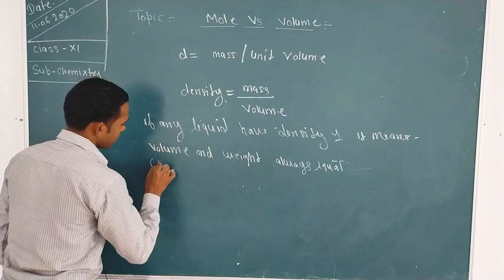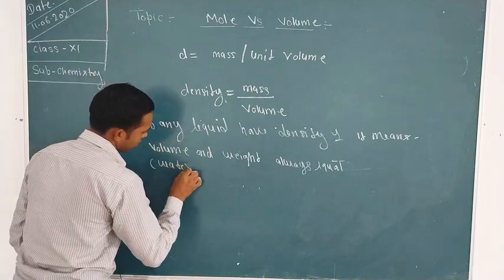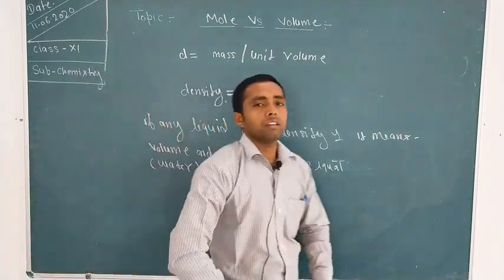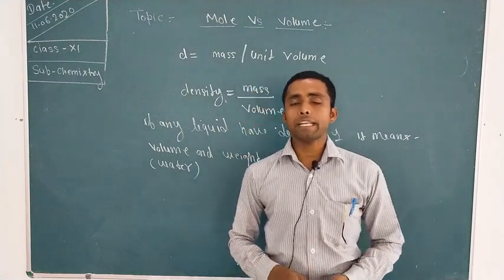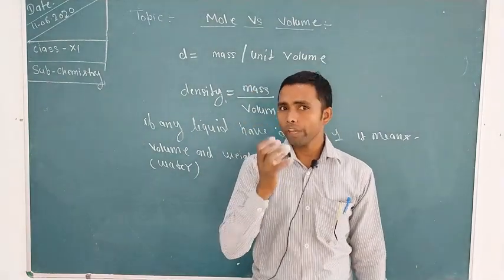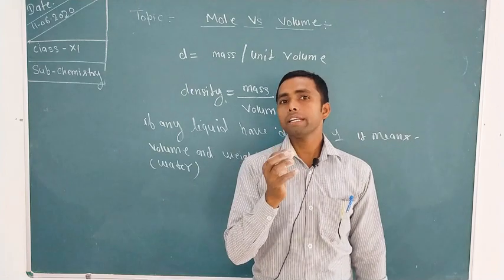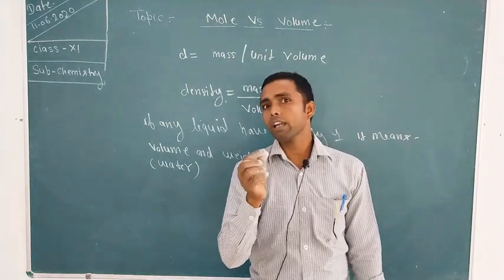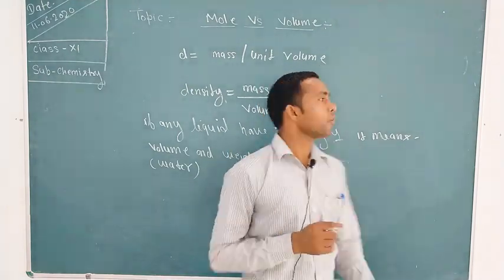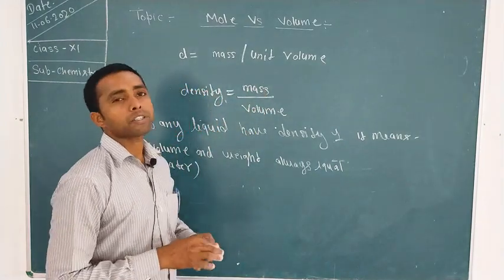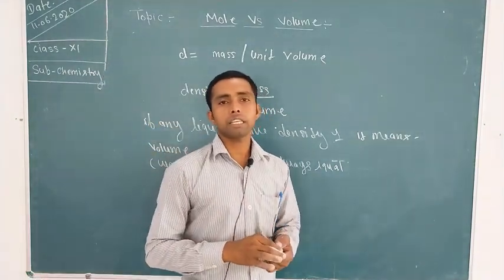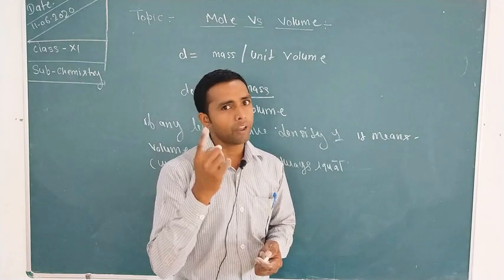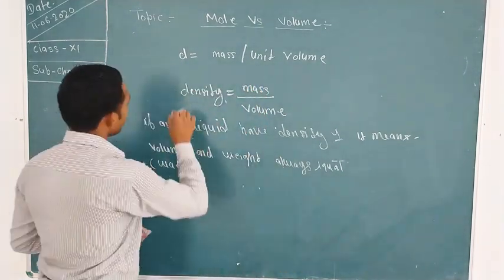It occurs in case of water. Suppose I take 1 liter of water, then we weigh it, and we find 1 liter of water is equal to 1 kilogram of water. So when the volume and mass of the same liquid are equal, then we find density 1. Okay, so this is the formula of density.